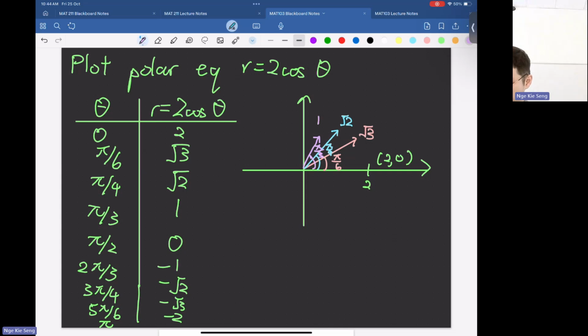Actually, you are on the y-axis, but the radius is 0, so you go back to the origin. No matter what angle you put, it's just the origin, because your radius is already 0.